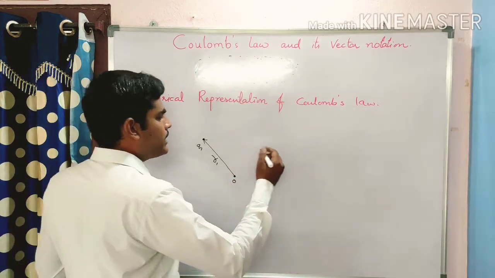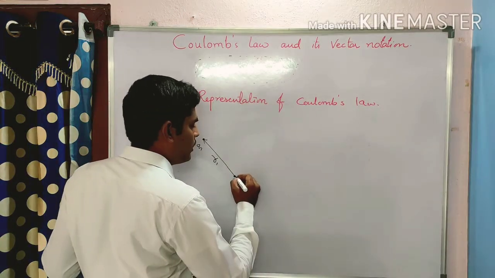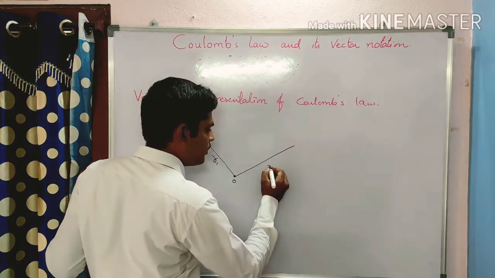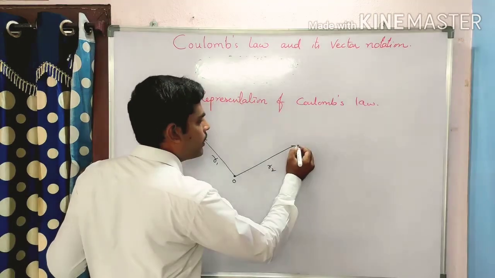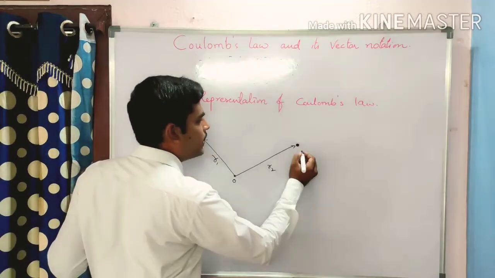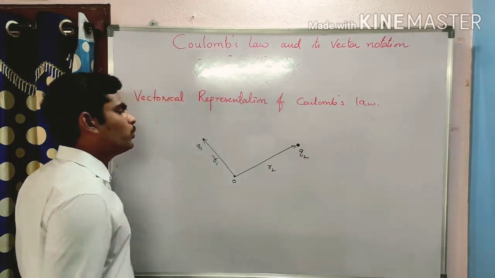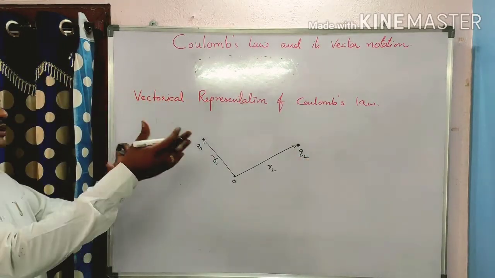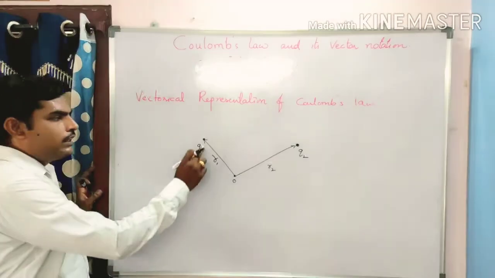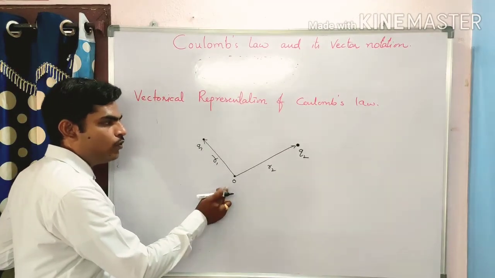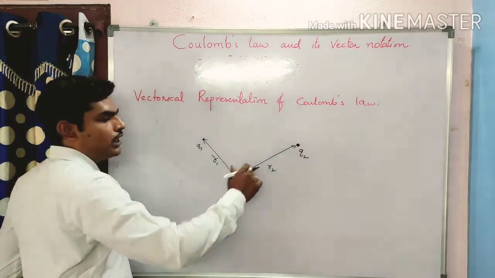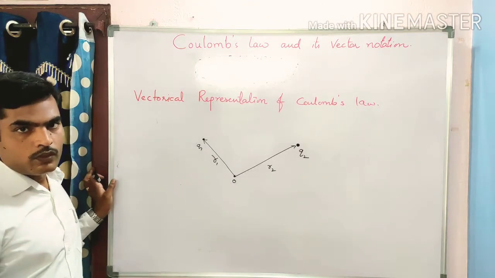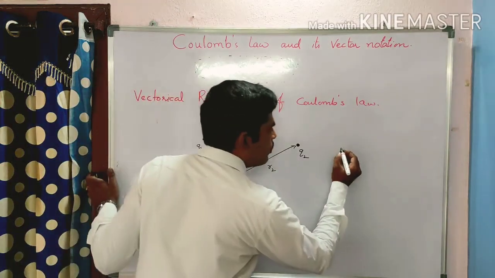And at a certain distance, I will take another charge at position vector R2. Here I am taking another charge, naming it Q2. Q1 is one charge, Q2 is another charge. Q1 is at R1 distance from O, Q2 is at R2 distance from O. So what are R1 and R2?